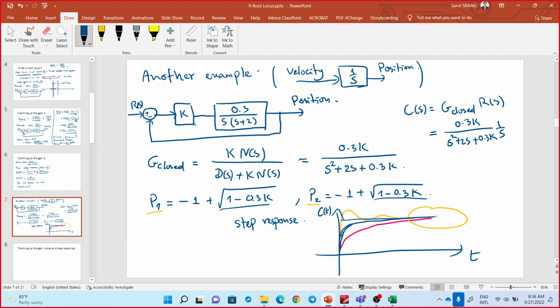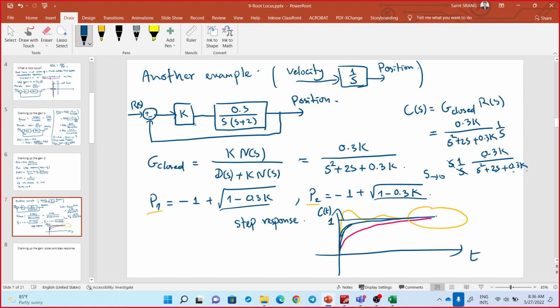And again, applying the final value theorem, we multiply by s, so s cancels with the 1 over s, right? Then 0.3k, and s goes to 0, so s squared is 0, plus 2s is also 0, and you have only 0.3k here. So 0.3k over 0.3k equals 1. It means the response converges to 1 here.